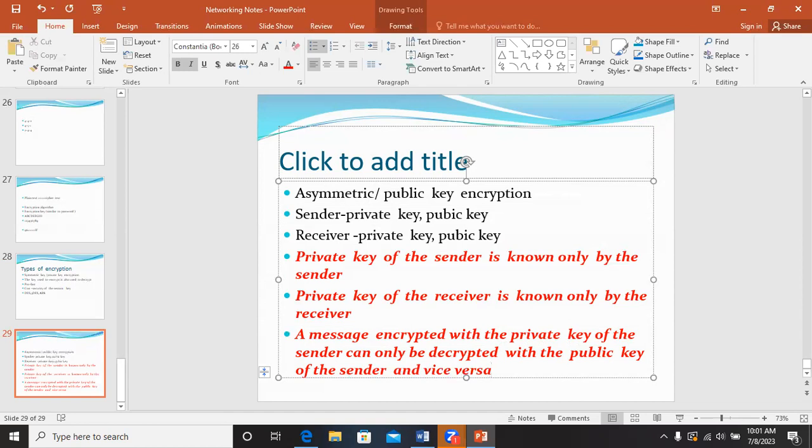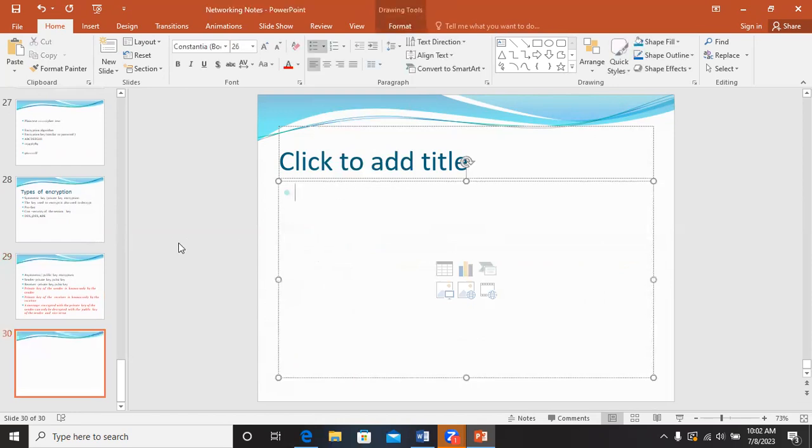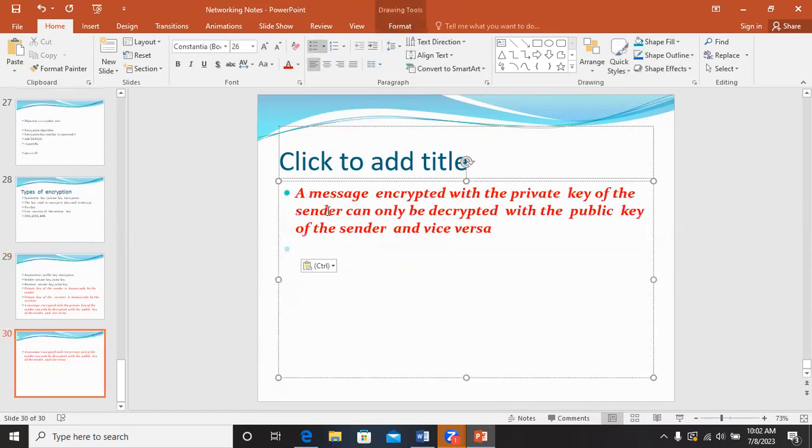See, there's a relationship. So once you have encrypted the message with the private key of the sender, that message can only be decrypted with the public key of the sender and vice versa. The same way, a message encrypted with the private key of the receiver can only be decrypted with the public key of the receiver and vice versa. This is how it works.